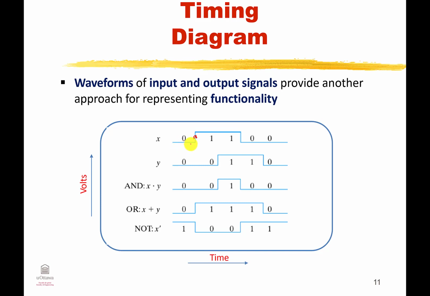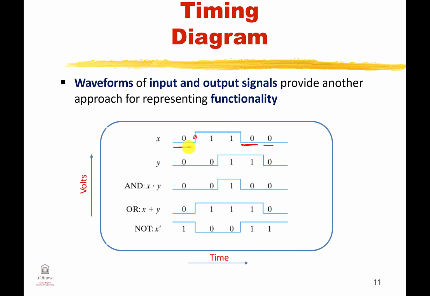Okay, so we have here two inputs. So x is represented by 0 here, and here we are still at the high voltage, so it will be 1, and here it's 0, and here it's 0. Please pay attention to the length of that waveform.